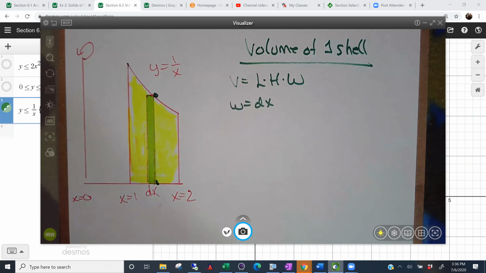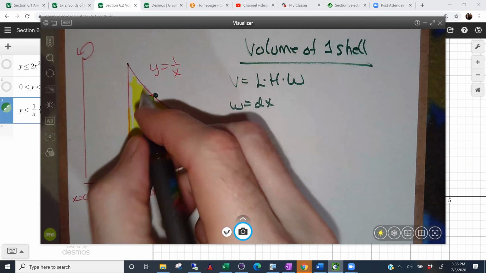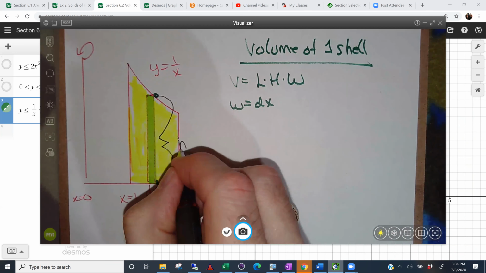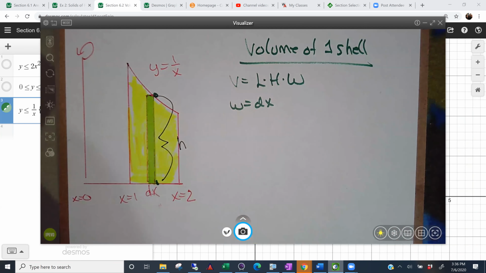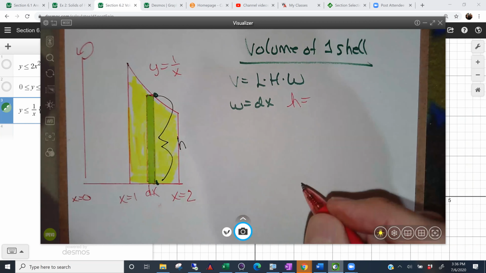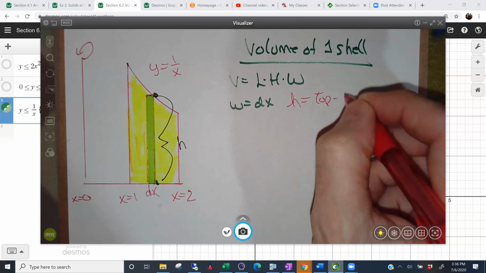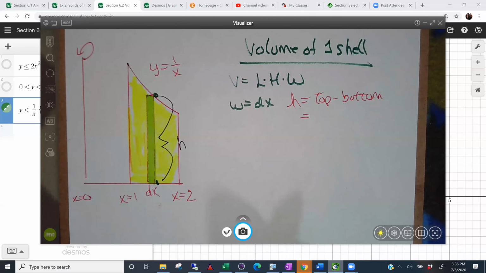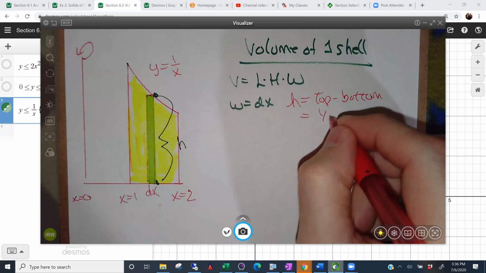The height, that's just going to be this dimension right here. That's going to be your top minus your bottom. So that's h. Top minus bottom. What expressions could I put in for that? Marissa? Would that be 1 over x minus dx?